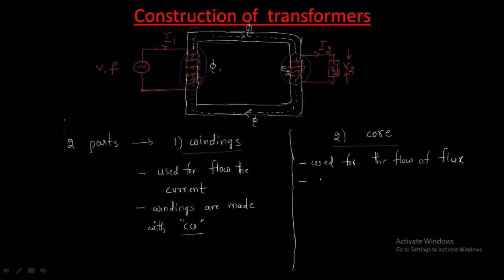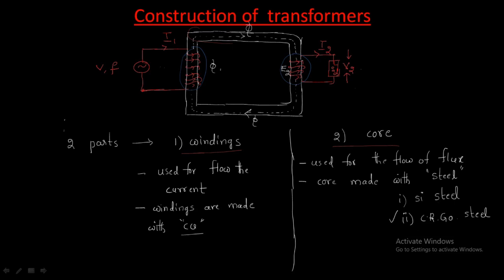This core is made with steel. Steel is useful to flow the flux. Generally we use two types: one is silicon steel core, and the other one is CRGO steel. But CRGO steel is highly applicable. What is CRGO steel?